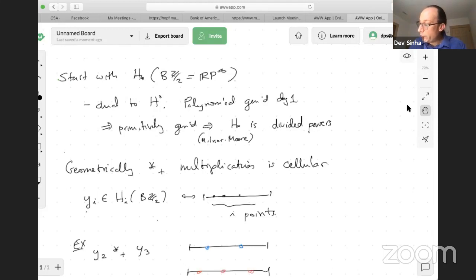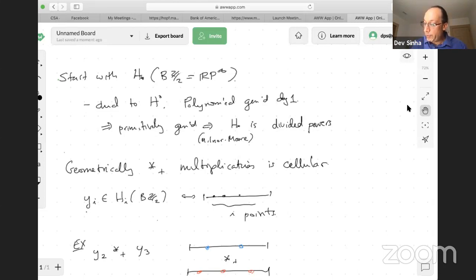All of these are supposed to range over all possibilities, but when I multiply them, it's just the union. And you see that, of course, generically, I get 5 points.